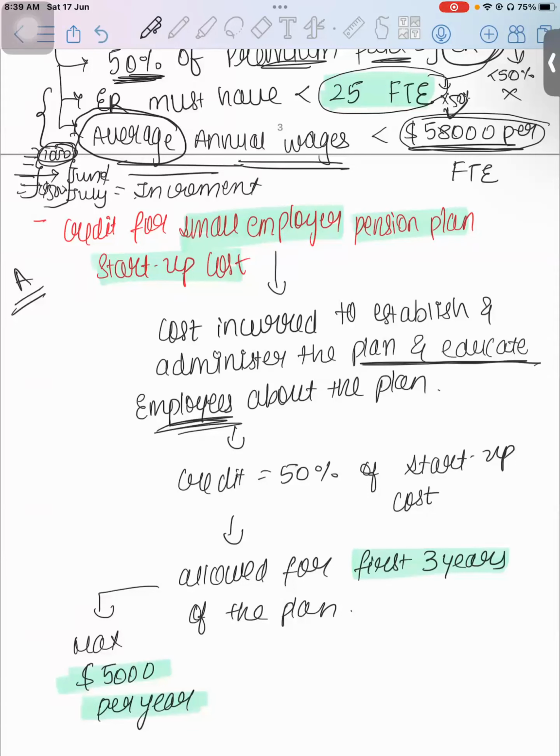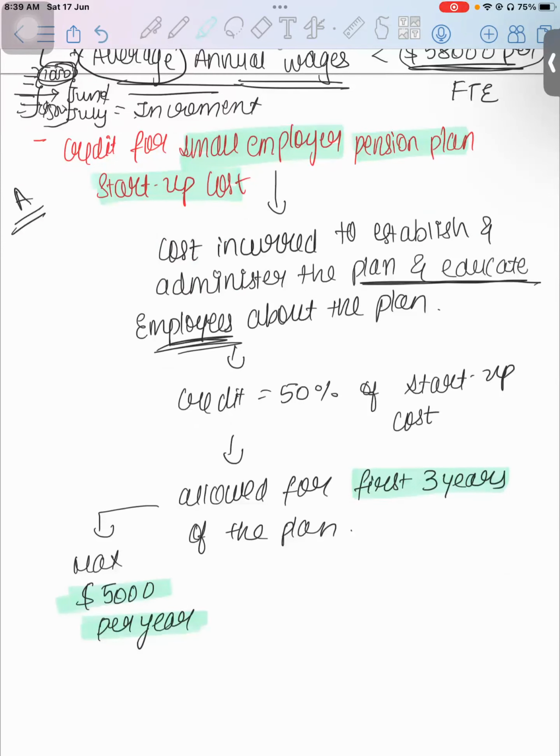But no, you need to educate them on why they are putting this in the pension plan, so that after their retirement, this pension plan can be used by them. So to educate and administer the whole plan, whatever cost they are incurring, you can get a credit of up to 50% of startup cost.